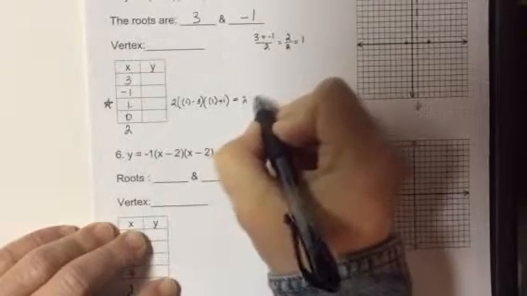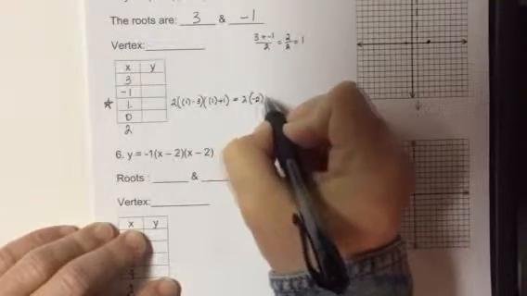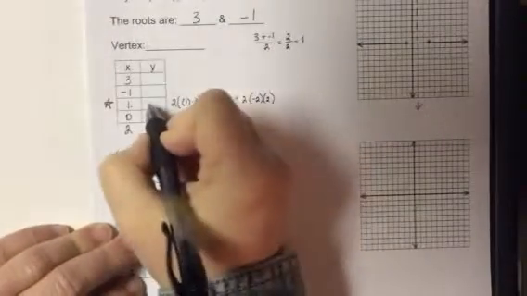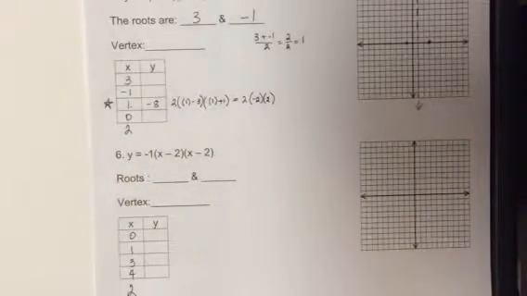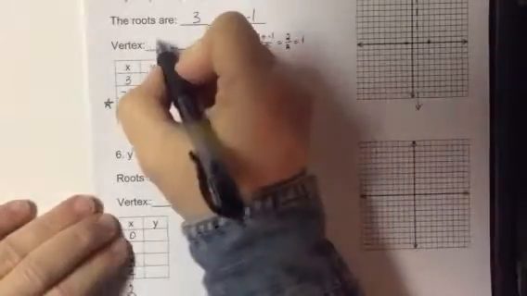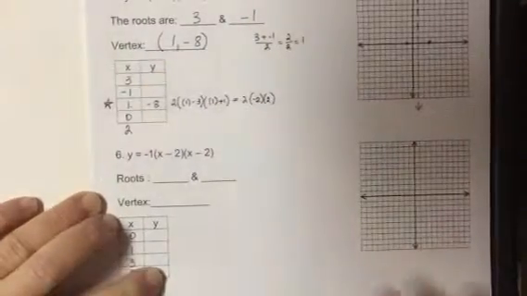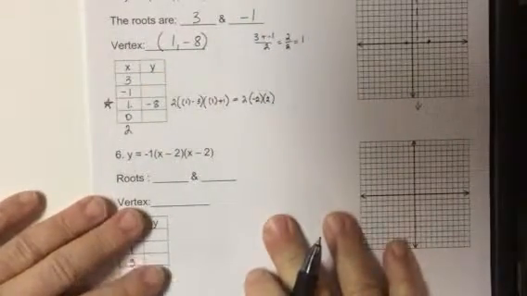So 2 times 1 minus 3 is a -2 times 2. So what we're going to end up looking at is -8. Of course, that's without going to our calculators, and we could have done that immediately, but that does help us to get our vertex pretty quickly without even using our calculators.